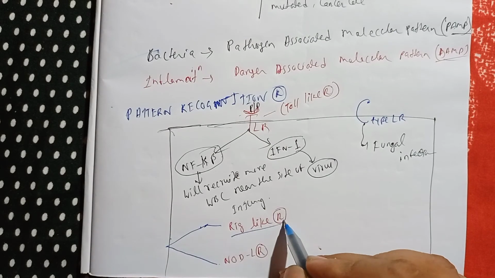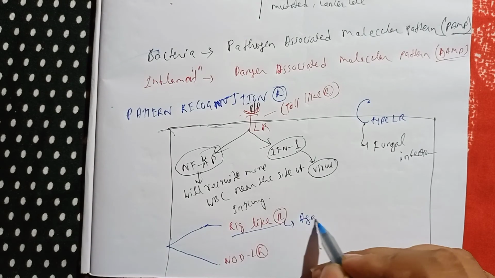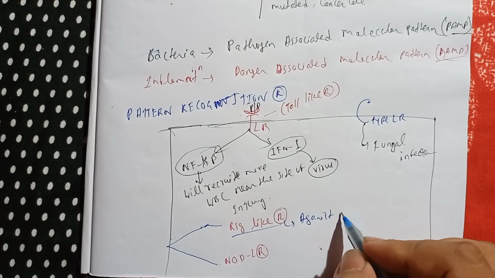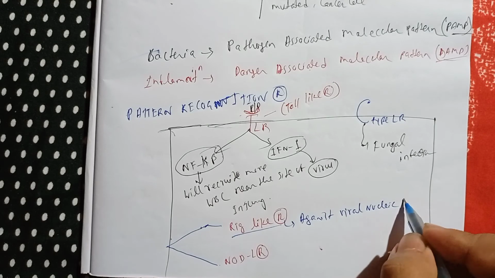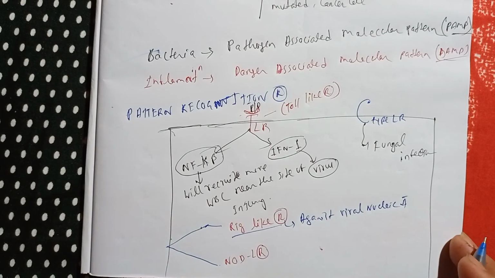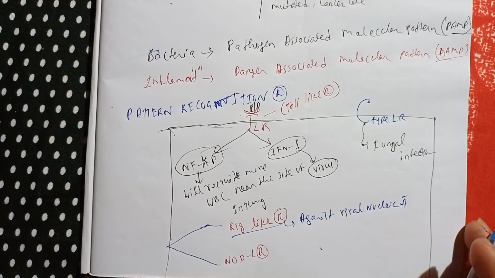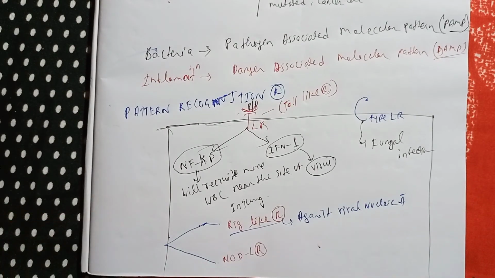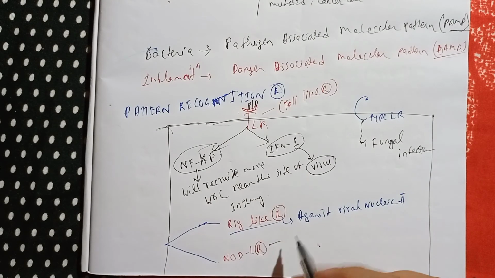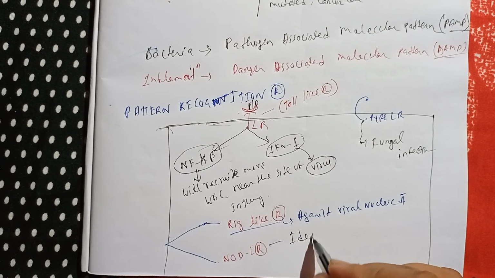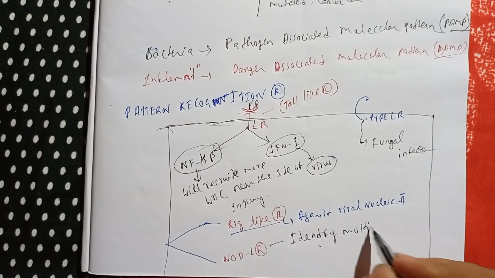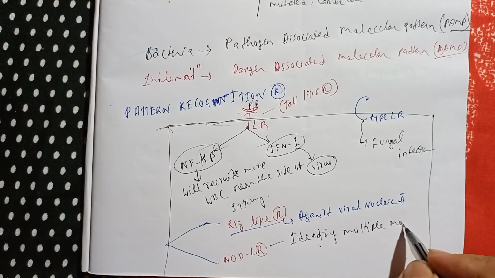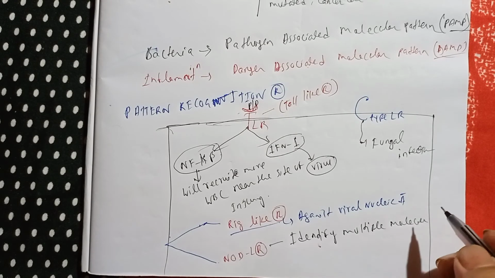The RIG-like receptors act against viral nucleic acid, and the NOD-like receptors have the capacity to identify multiple molecules.